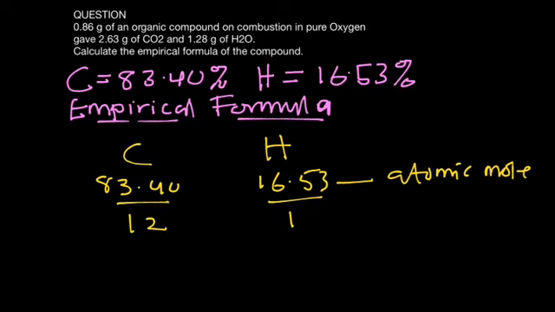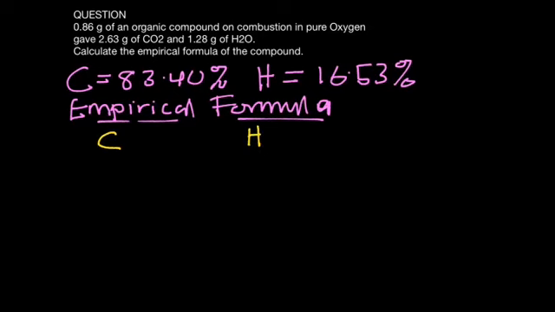So when we do this, our atomic mole for carbon will be equal to 6.95, and hydrogen will give us 16.53. Okay, so next we'll find the relative moles.